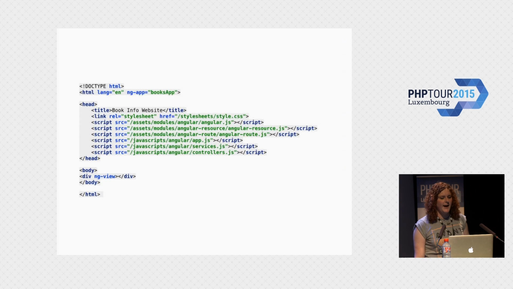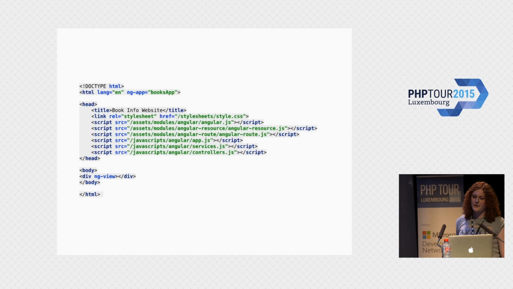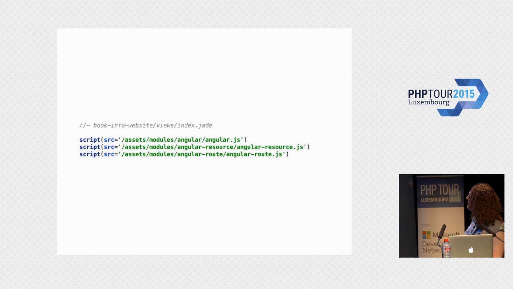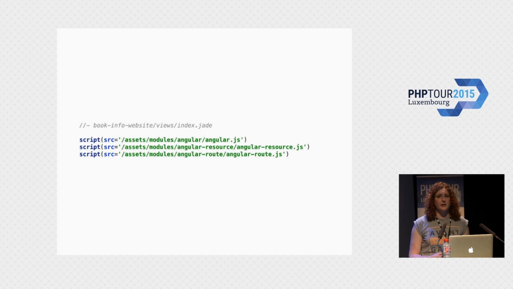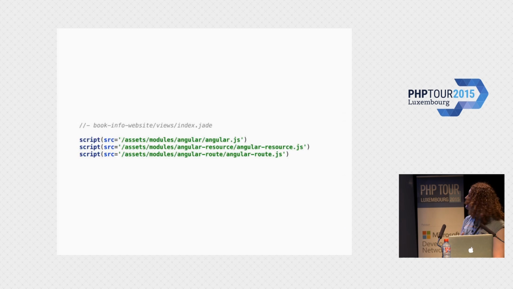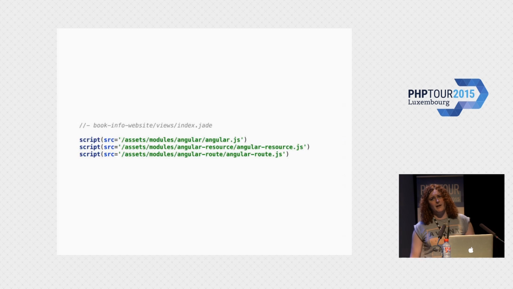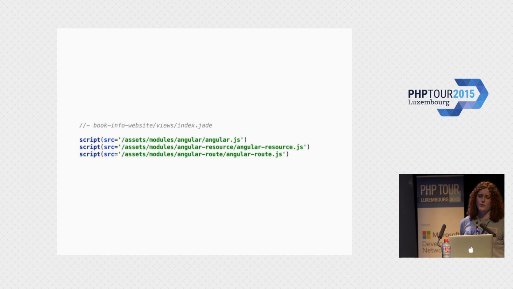Okay, so let's have a look at some of the things that are happening in here. So we have 3 assets which we're loading, which are built in, that come from AngularJS. The first is app, which is the main part of AngularJS, and it gives you support for creating controllers, for creating modules and things like that. And then we have Angular Resource, which allows us to really quickly make RESTful web clients.